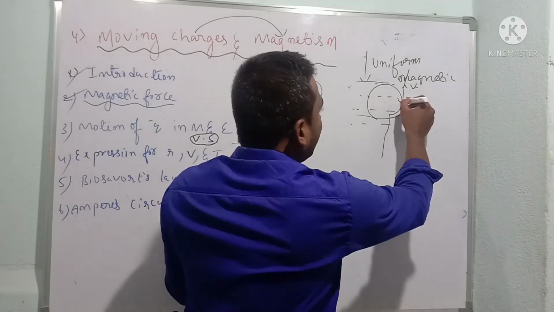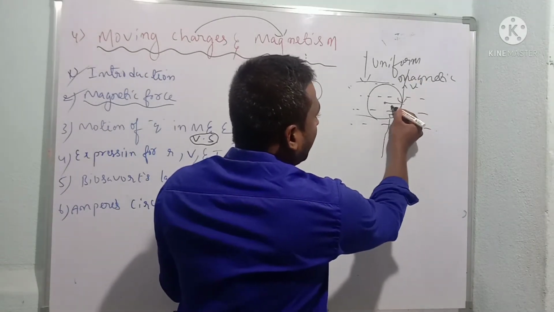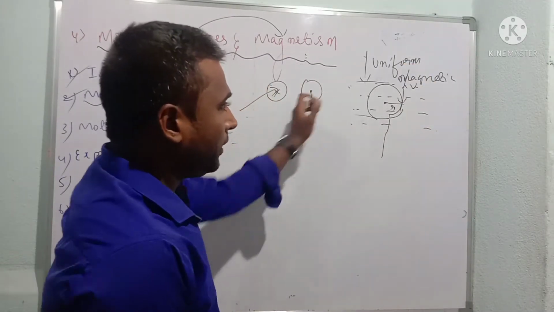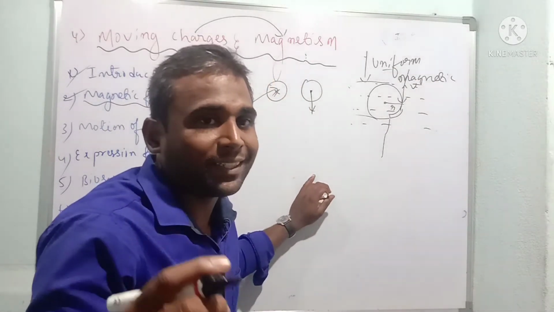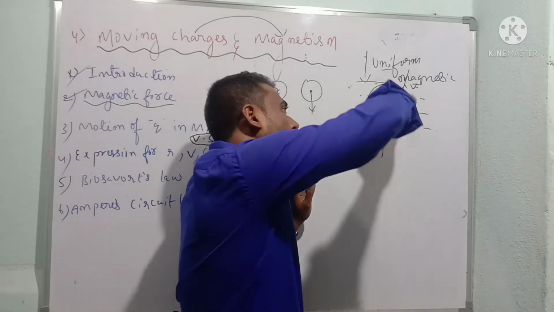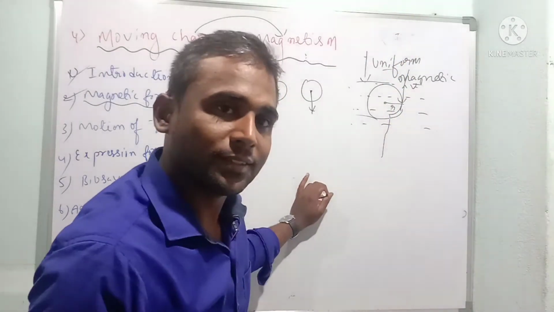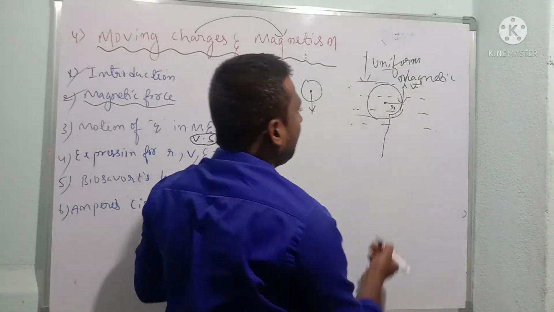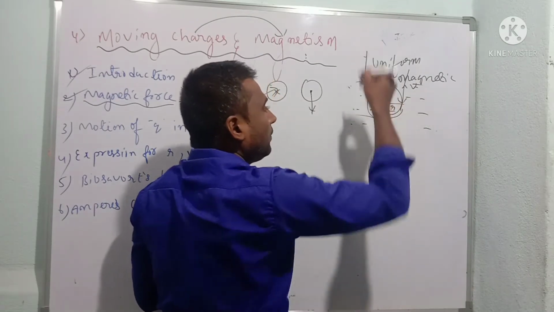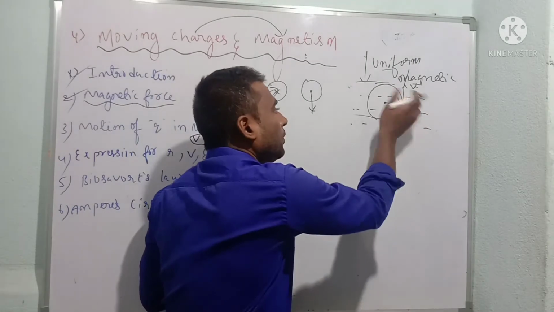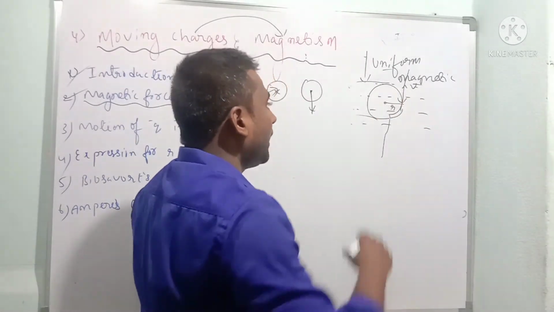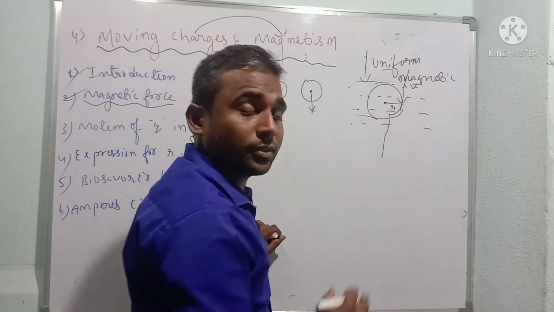Now here we will get the expression for radius. Children, this is a uniform magnetic field and we have passed charged particles in the perpendicular direction. Then what is going to happen? Here the charges will experience a centripetal force, which is coming towards the center, and also a magnetic force.